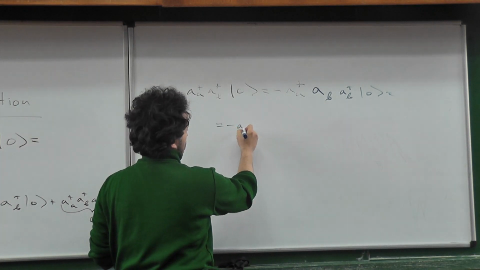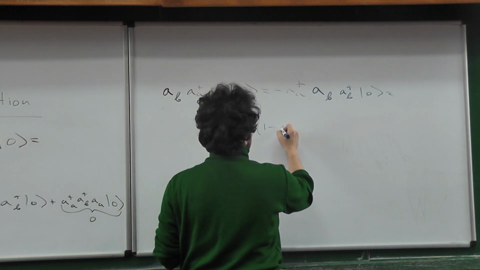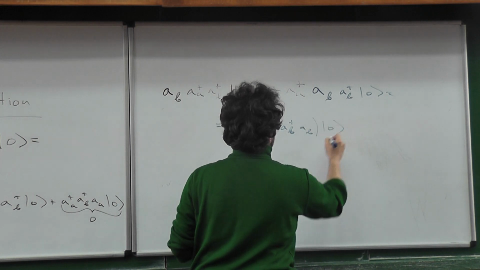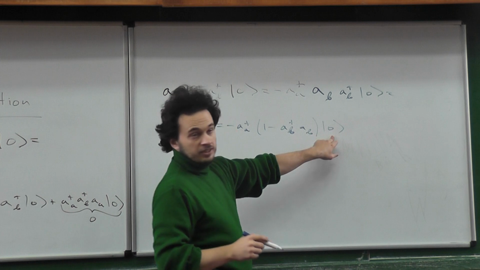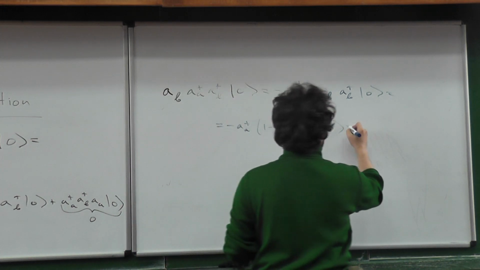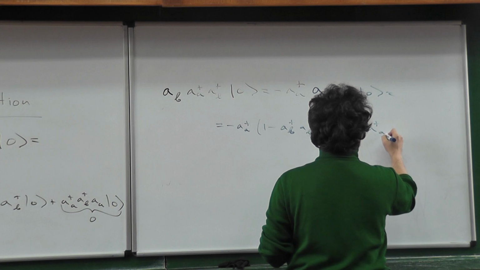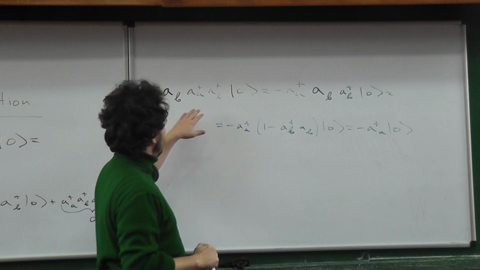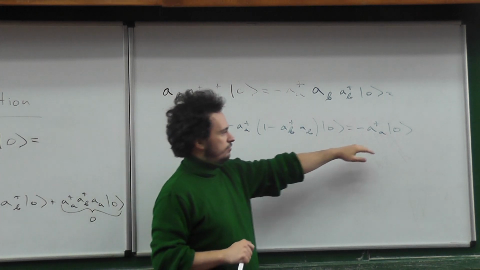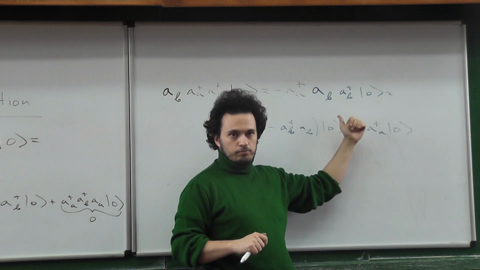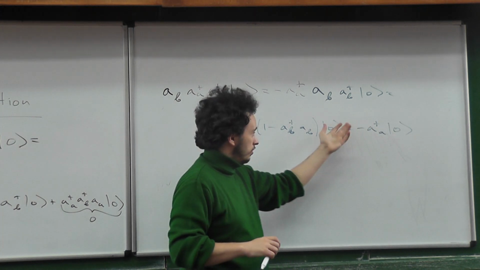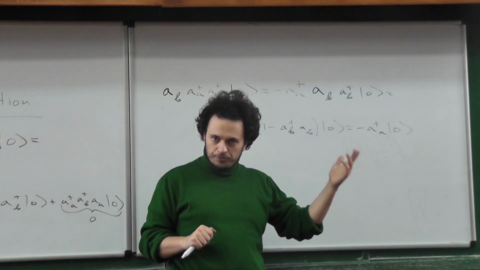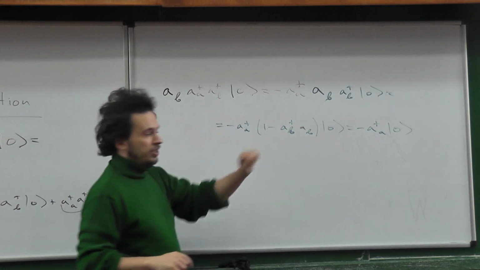This is minus A dagger, 1 minus A dagger B, A_B, 0. A_B annihilates the vacuum, so I get minus A dagger A, 0, which makes sense. We removed the electron at position B, we are left with the electron in position A, but there is a sign. And the sign may be important, it's there, it reflects the anti-symmetry of electrons. It may be important sometimes.